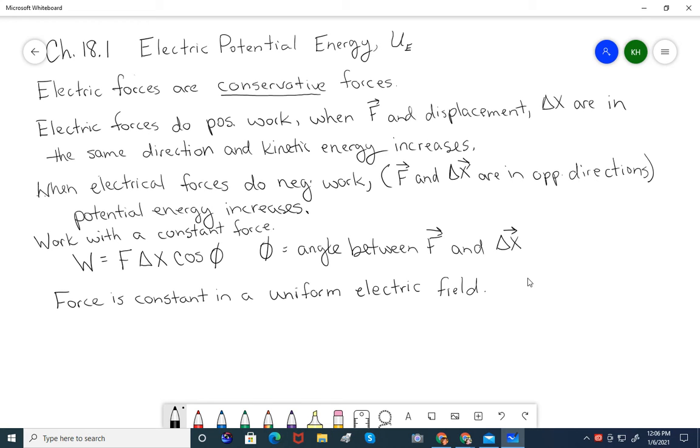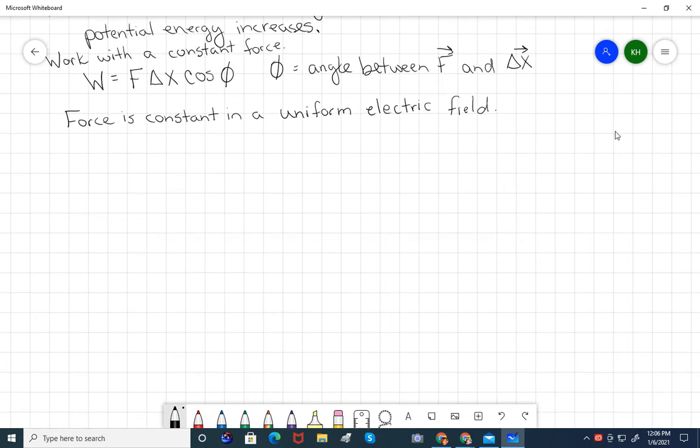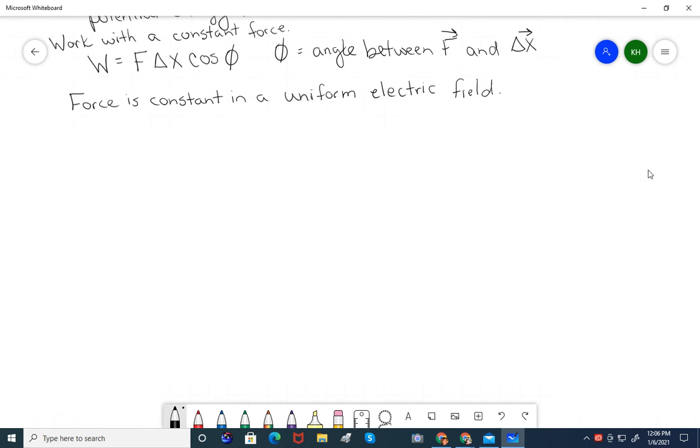Well, how do we create a uniform electric field? The easiest is to take two parallel plates. We'll let this one be positive. It doesn't matter which one's positive or negative. And I'm going to let this one be negative.